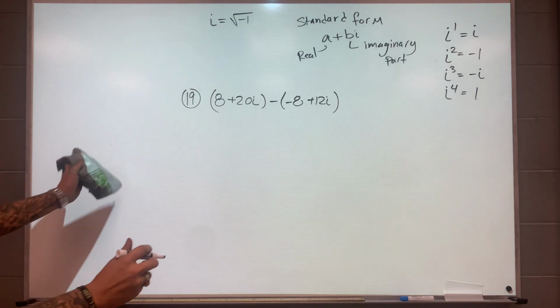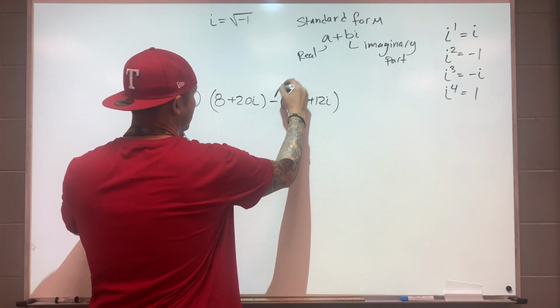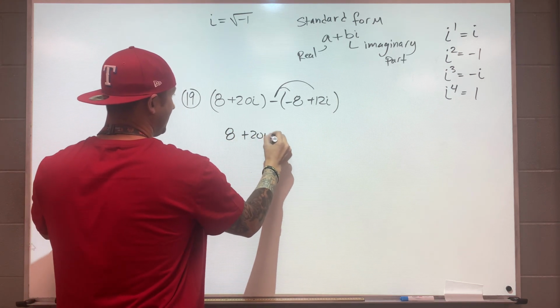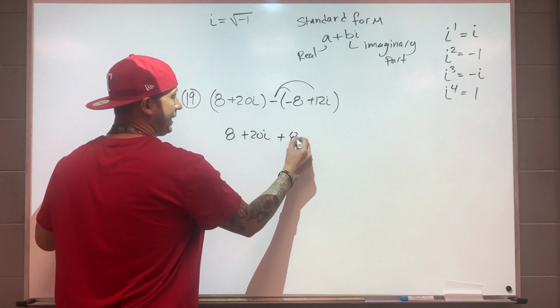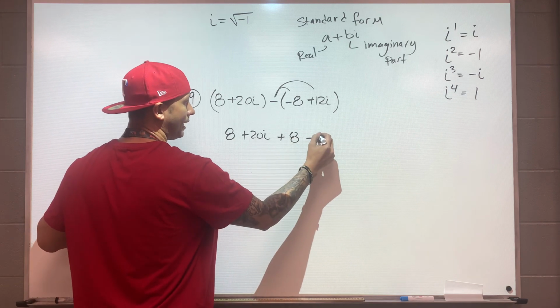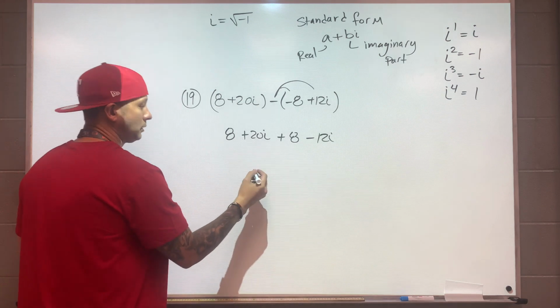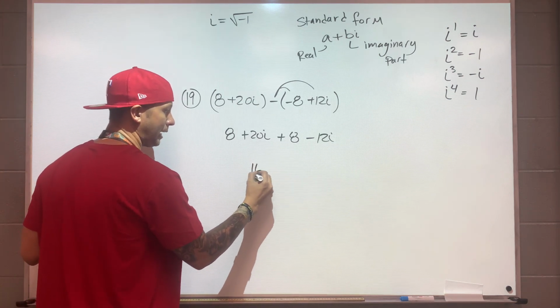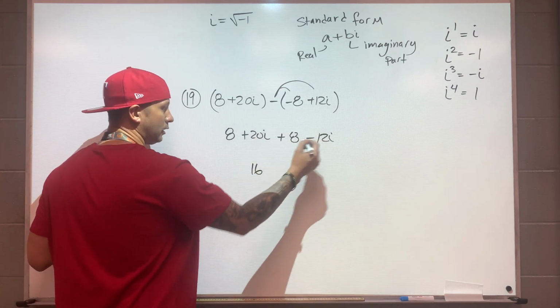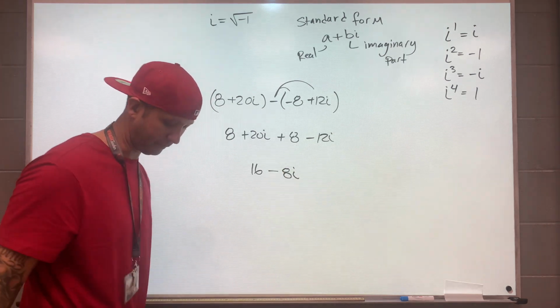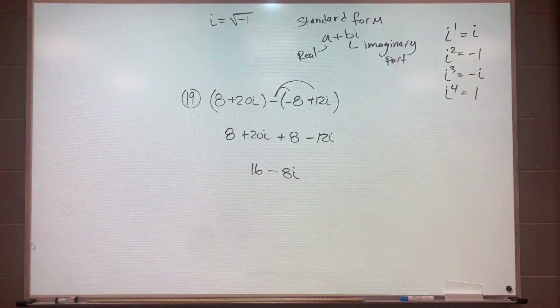I'm going to distribute the negative sign. So it's going to be 8 plus 20i plus 8 minus 12i. Combining like terms, this is going to be 8 plus 8 is 16, 20 minus 12, negative 8i. So 16 minus 8i. That's the answer.